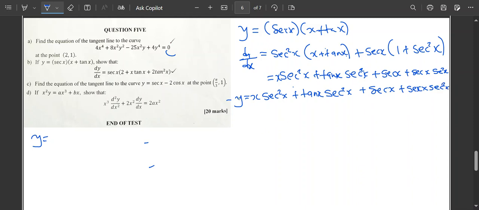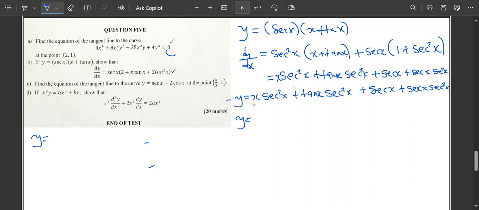We need to reduce this equation. I can see one thing here, so there's something that you need to add up.